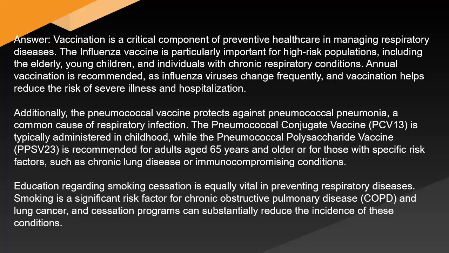Additionally, the pneumococcal vaccine protects against pneumococcal pneumonia, a common cause of respiratory infection. The pneumococcal conjugate vaccine (PCV) is typically administered in childhood, while the pneumococcal polysaccharide vaccine (PPSV) is recommended for adults aged 65 years and older, or for those with specific risk factors, such as chronic lung disease or immunocompromising conditions.